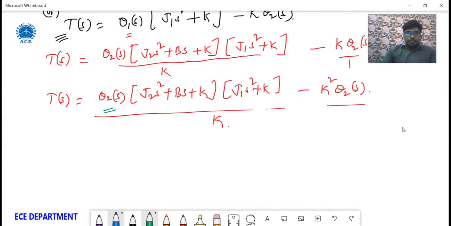So what is the transfer function you have? The transfer function is nothing but theta 2 of s divided by T of s.